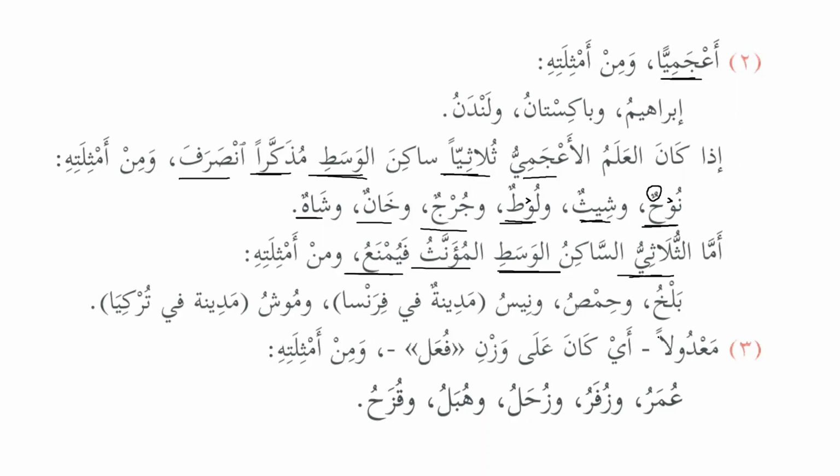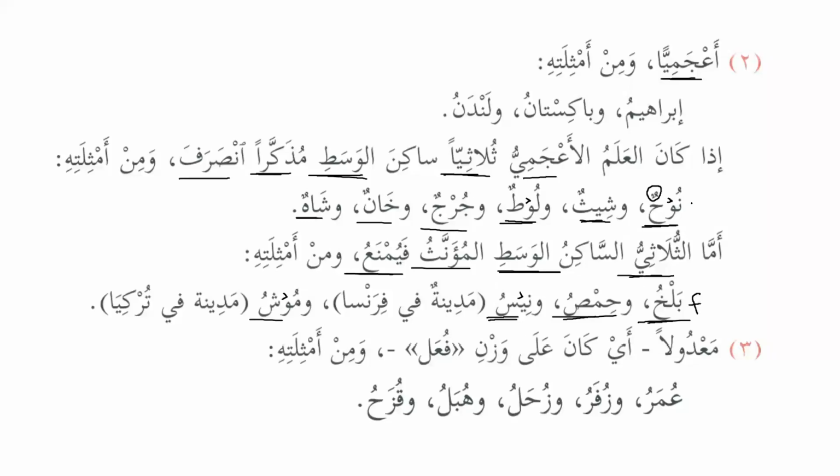And we know that the cities in Arabic are feminine. And that's why we can see that the second root letter is sakin. For example, Balkhu, Himsu, and Nisu, also the second root letter is sakin. And Mushu is also sakin. But they are mamnu min as-sarf. What's the main reason behind them? Because they are feminine.